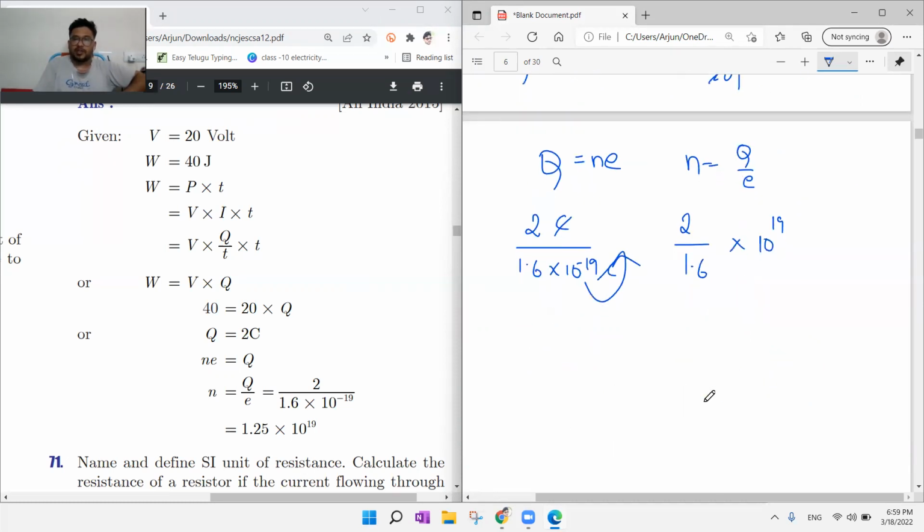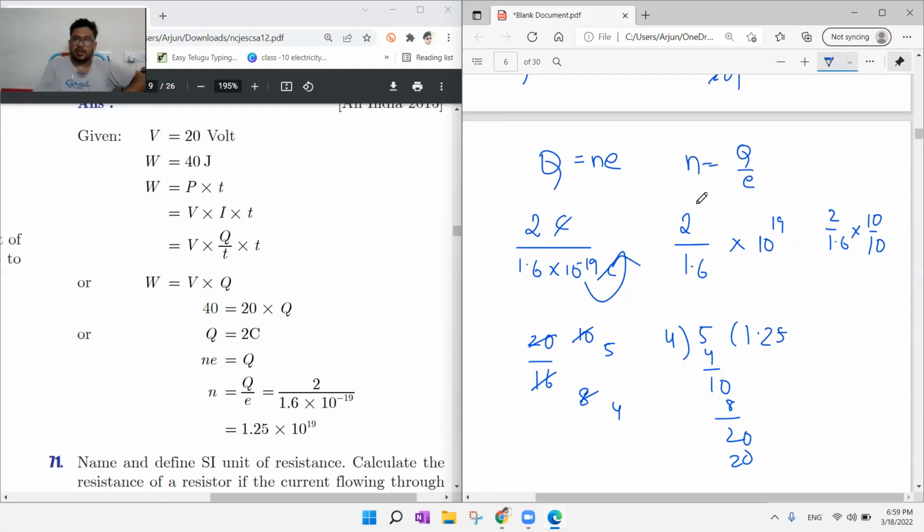Now 2 by 1.6 we have to solve. 2 by 1.6 multiplied with 10 divided by 10, we will get 20 by 16. Now dividing 20 by 16 step by step.